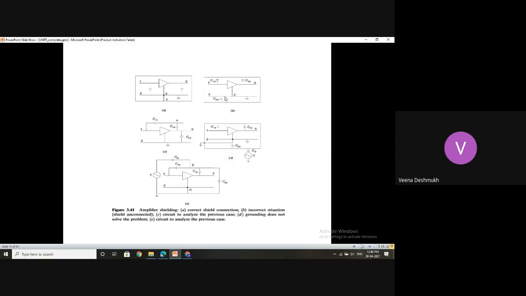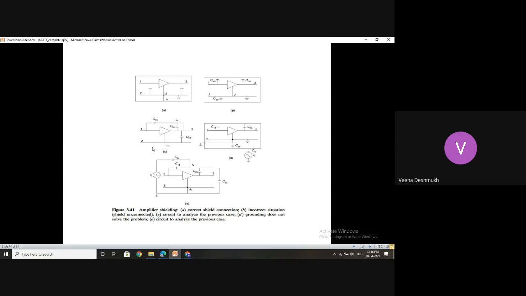Now, if you connect them in circuit form, you can see that the capacitances C1S and C2S are connected with one common terminal like this. And between this conductor and shield, again this capacitor C2S is connected. So the capacitive effects are formed between the shield and the circuit like this.